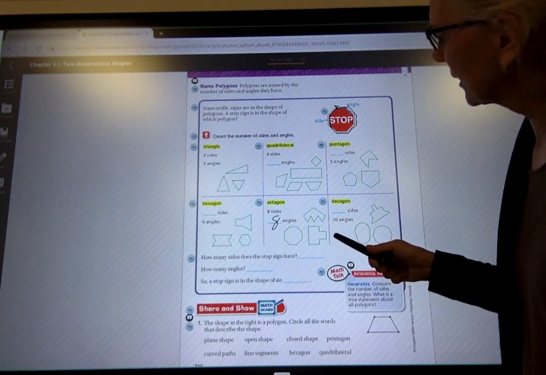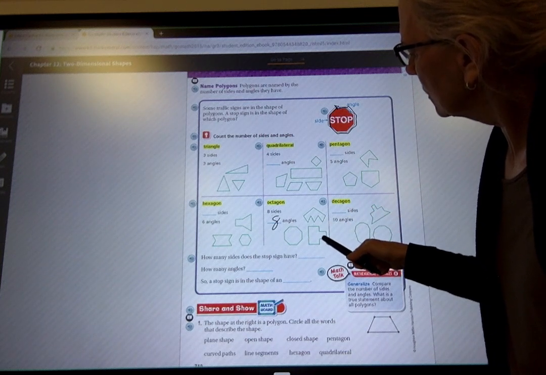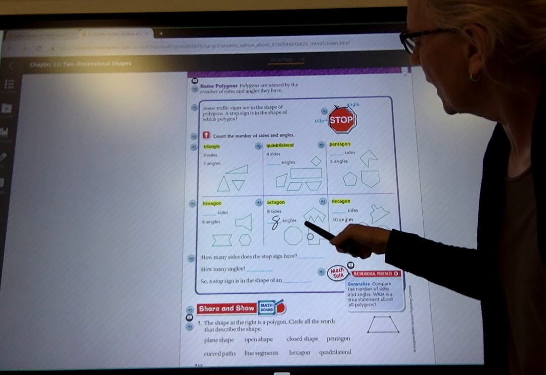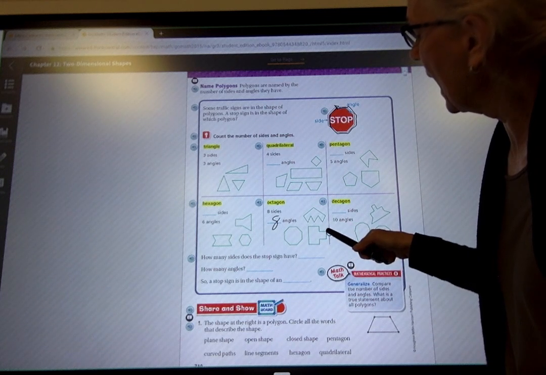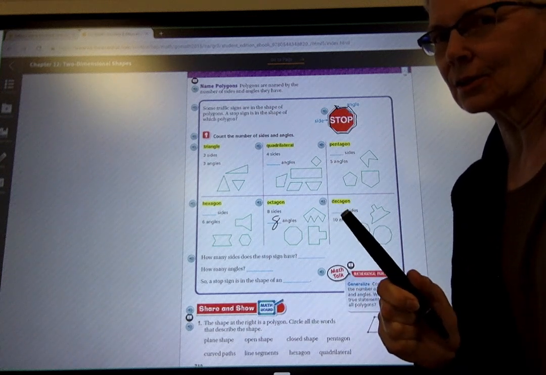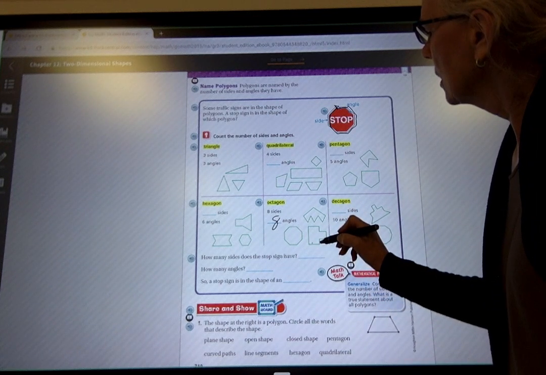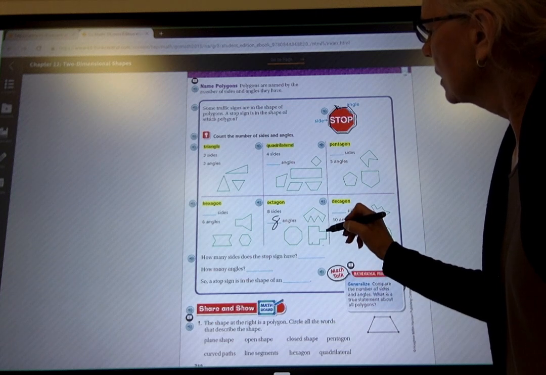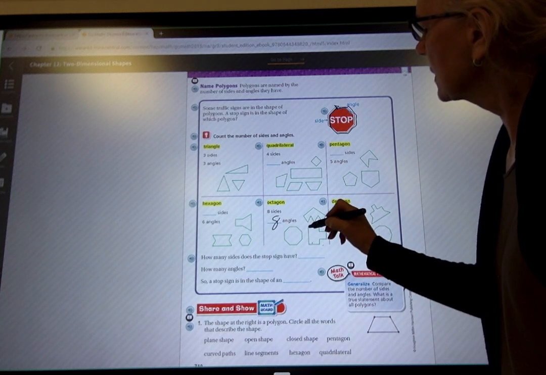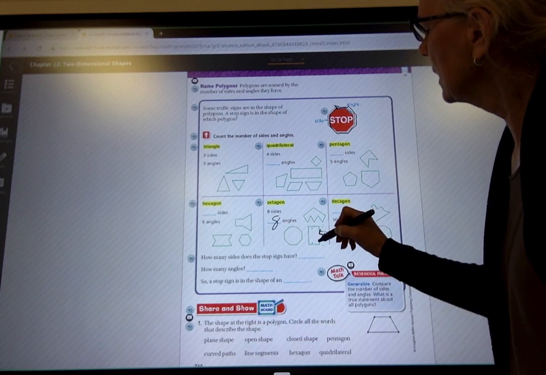Let's count the line segments. Let's start right here. 1, 2, 3, 4, 5, 6, 7, 8 sides. Does it have 8 angles though? Let's see. 1, 2, 3, 4, 5, 6, 7, 8.